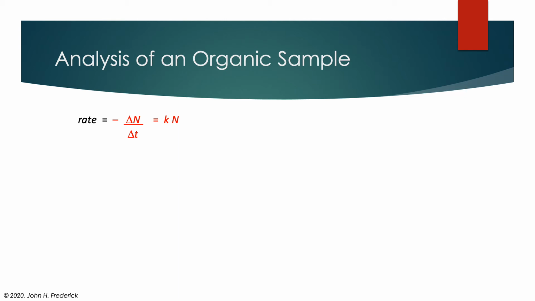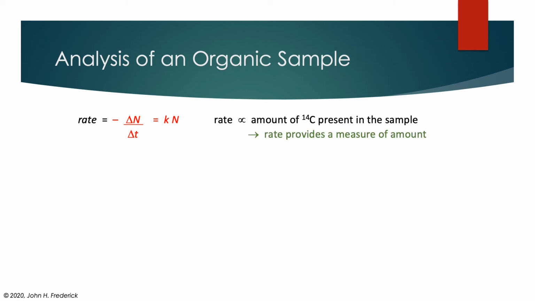Now, this carbon-14 is going to decay at a certain rate, and we'll talk about what its rate constant is in a moment. But that rate looks very much like a first-order rate equation in chemistry. So the rate, the change in the number of nuclei and the abundance of that isotope over time, is going to be proportional to the number of atoms with that particular isotope.